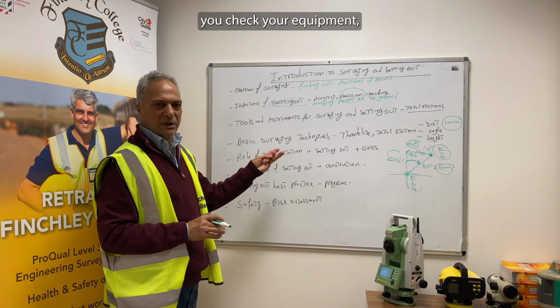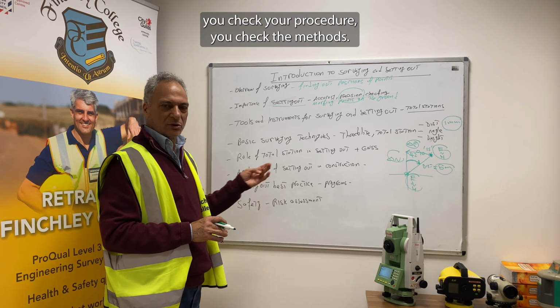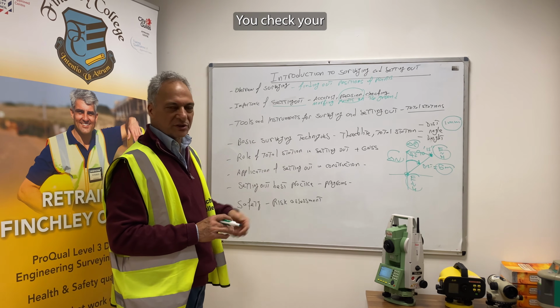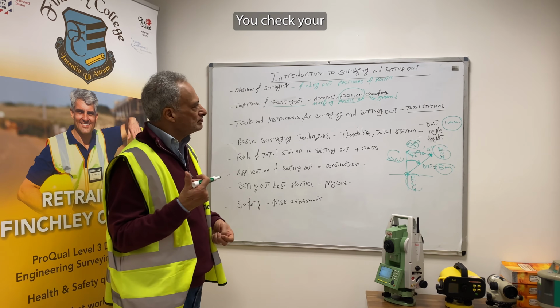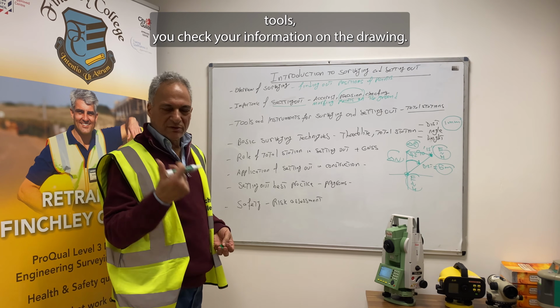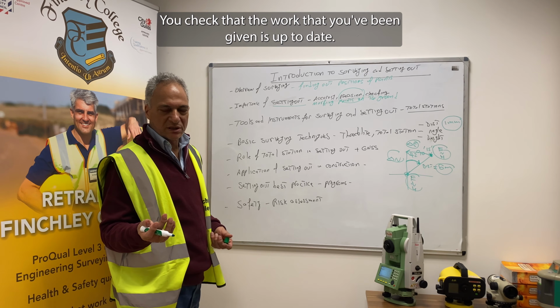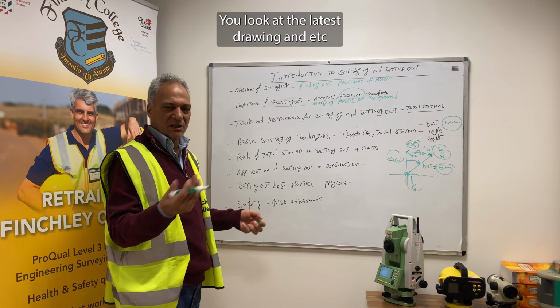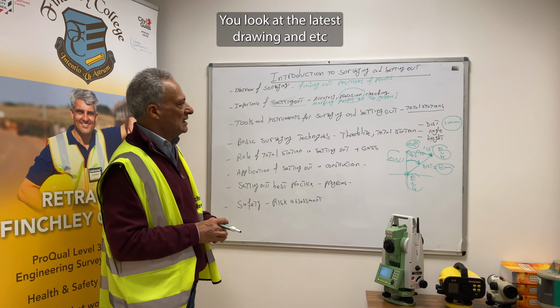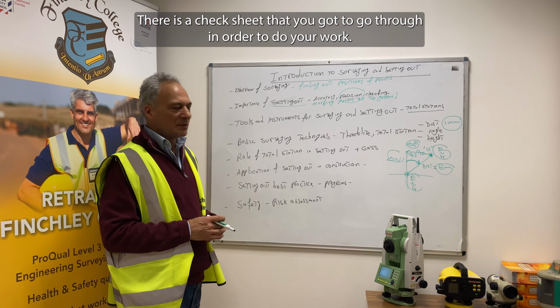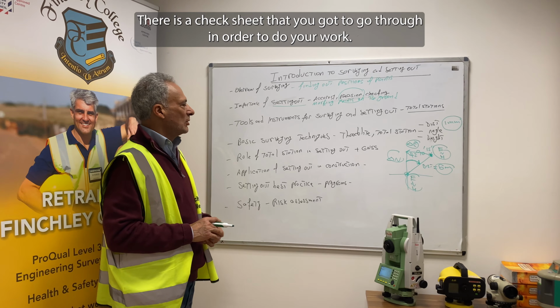You check your equipment, you check your procedure, you check your methods, you check your tools, you check your information on the drawing, you check that the work you've been given is up to date, you look at the latest drawing, and so on. There's a check sheet that you've got to go through in order to do your work.